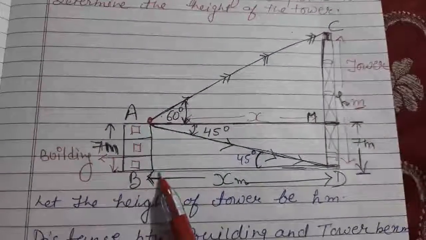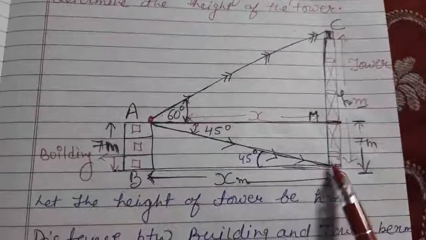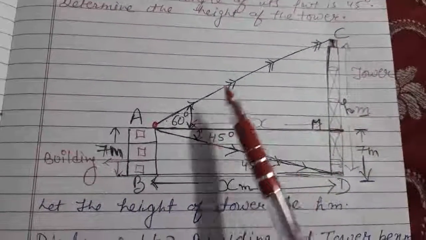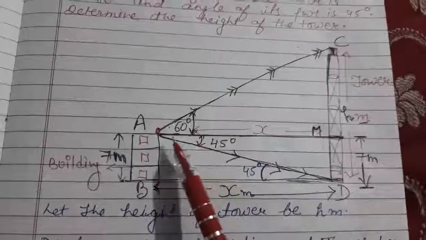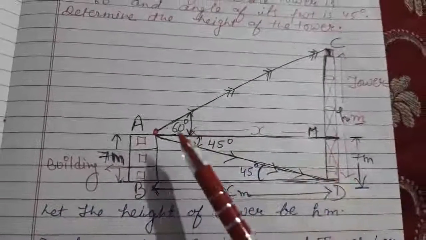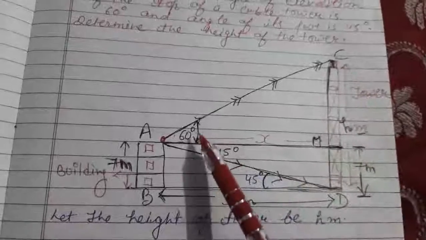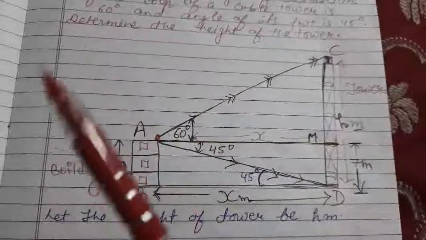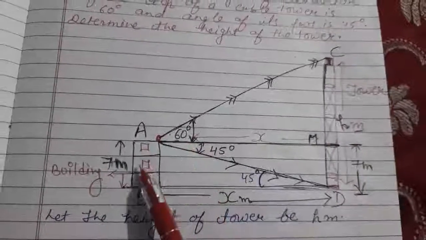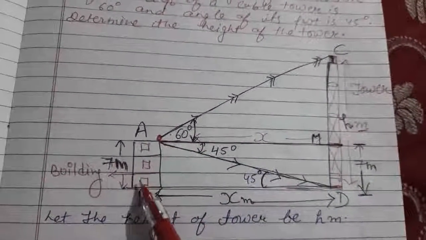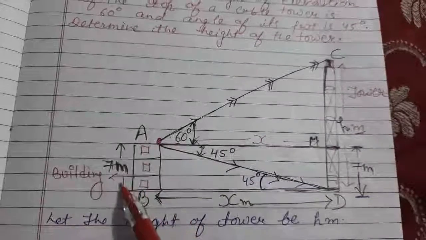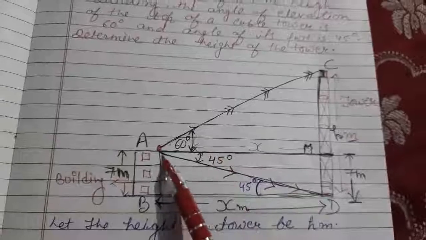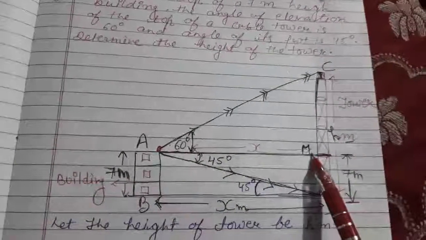This is the ground level, but this will be the horizontal level and this is the line of sight. So the angle of elevation will be formed between AM and AC. The angle of elevation is always formed between the line of sight and the horizontal level. As the building is 7 meter above the ground, the horizontal level moves to 7 meter high. So this will be our horizontal level.